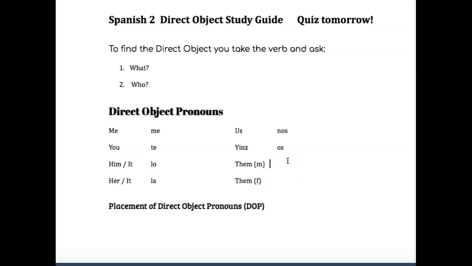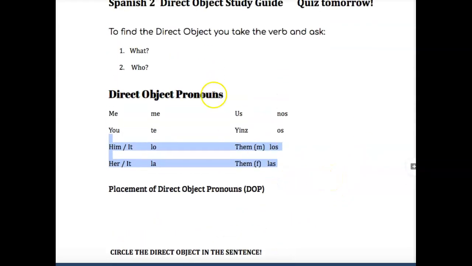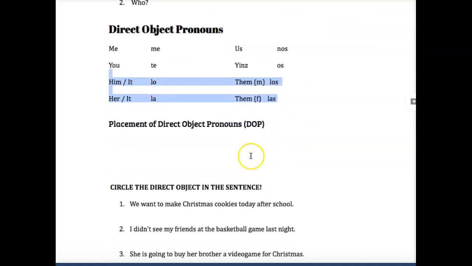Now for them, I need them or I see them is just masculine, los, or feminine, las. So you do have to figure out the gender on these bottom four. Okay, so we reviewed how to find the direct object. We reviewed what pronouns to use to replace the direct object.